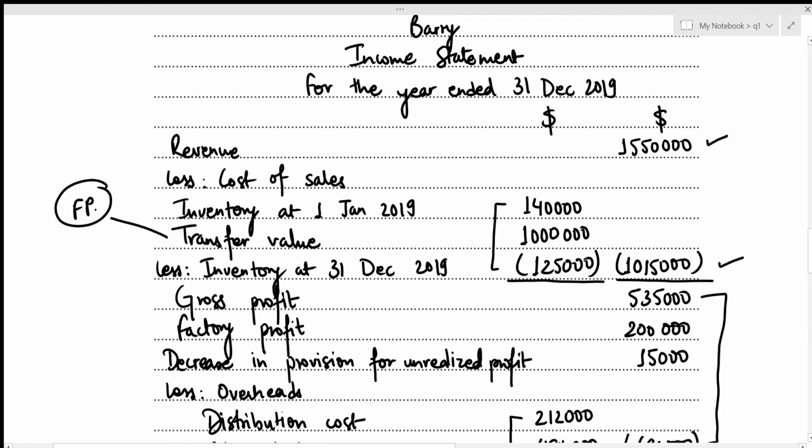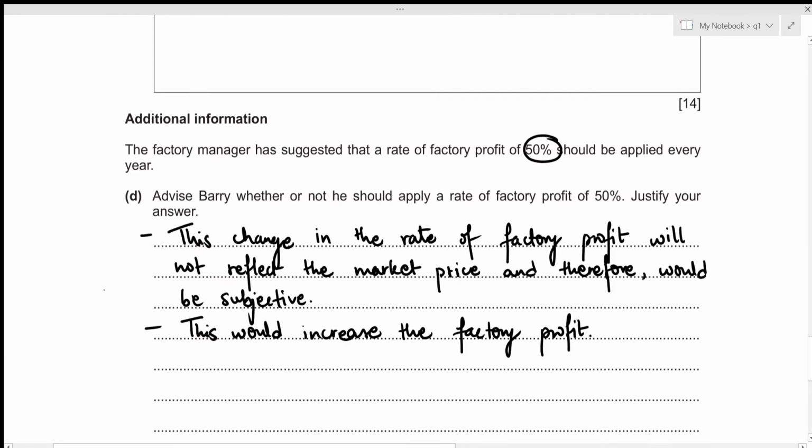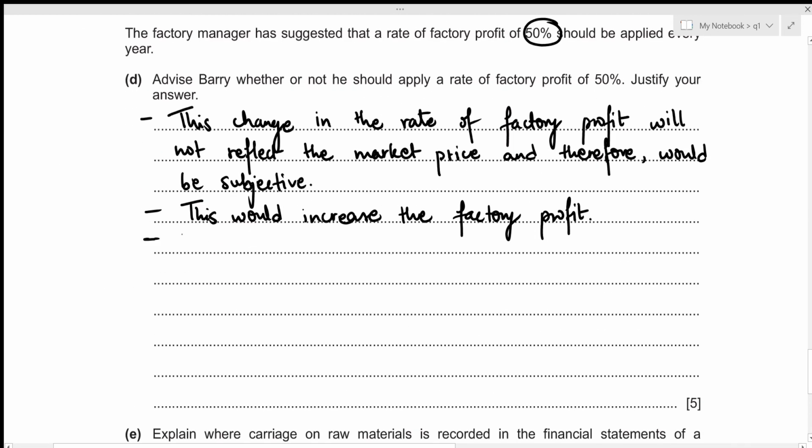Because as we can see above, we are subtracting the factory profit as a part of cost of sales from revenue. So the higher the factory profit, the lower will be our gross profit. Let's write it down as well. This would reduce the gross profit.